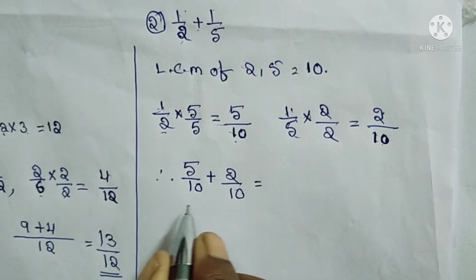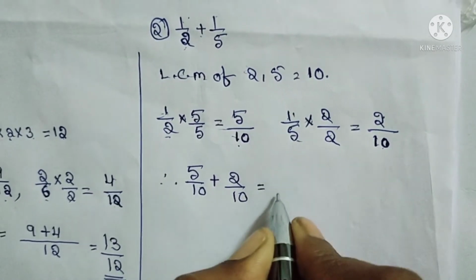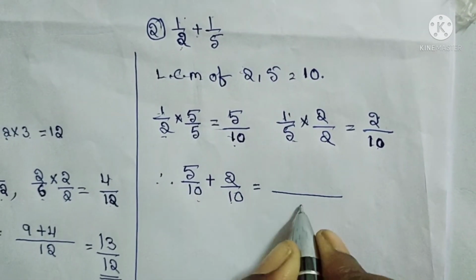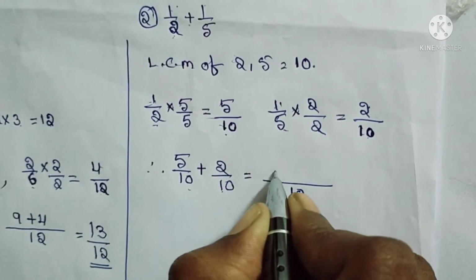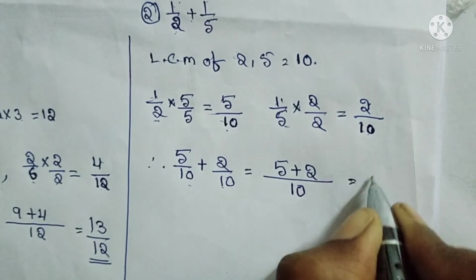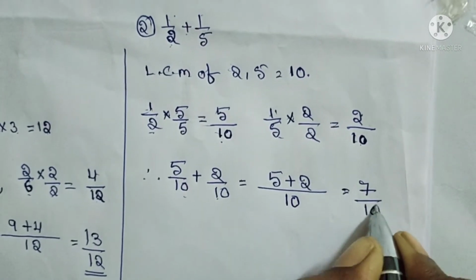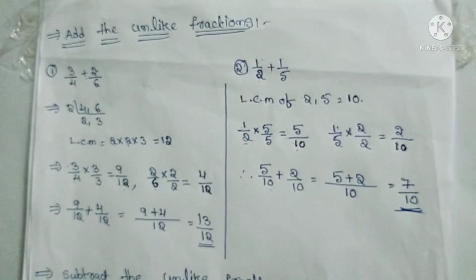To add the like fractions, the denominators are 10. We add the numerators, 5 plus 2, that is 7 by 10.